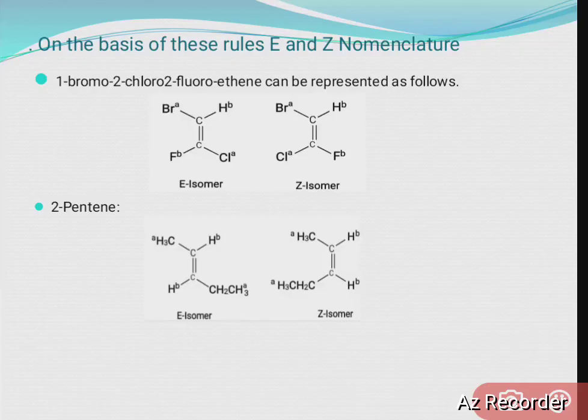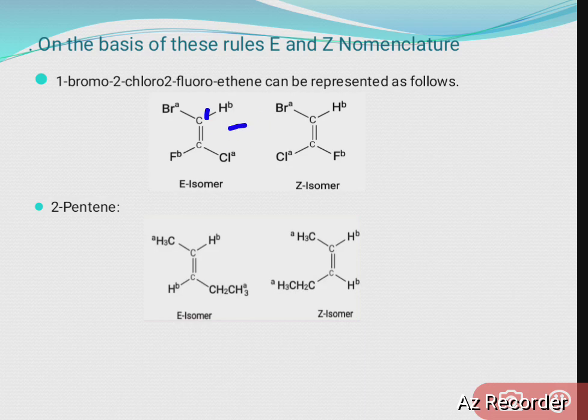Then, how are you going to represent this E and Z isomer? We are going to prioritize the groups. Here we are using A and B as the representation of the priorities. See here, consider this first carbon atom. What are the groups attached to this carbon?